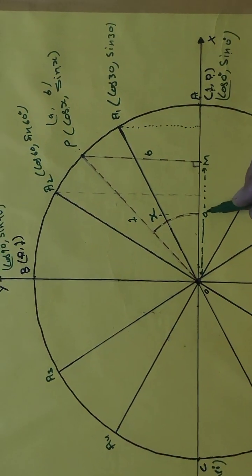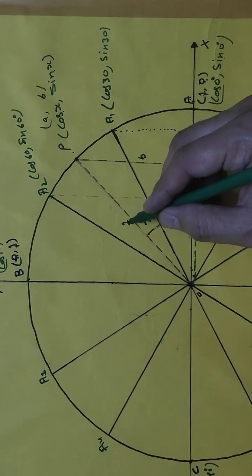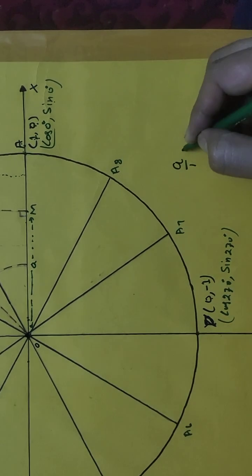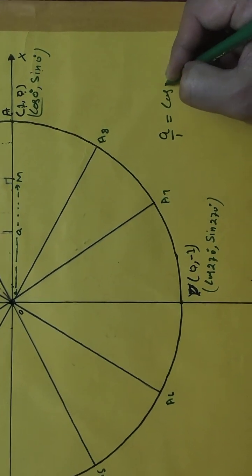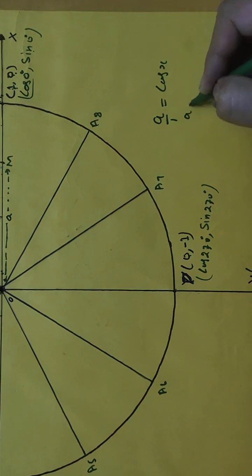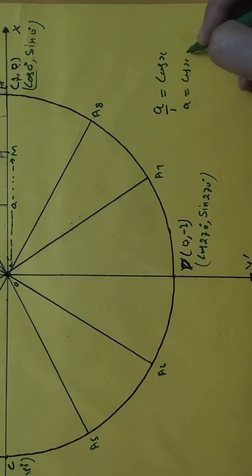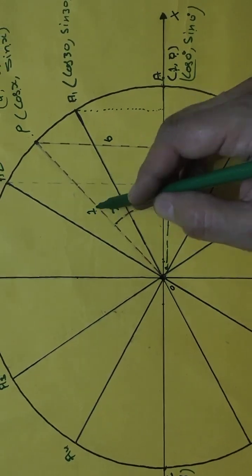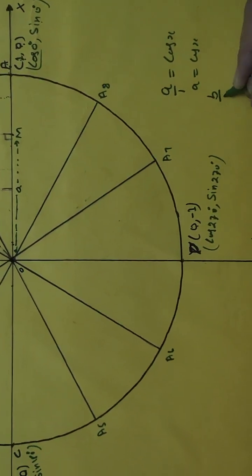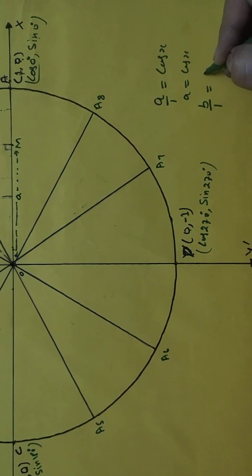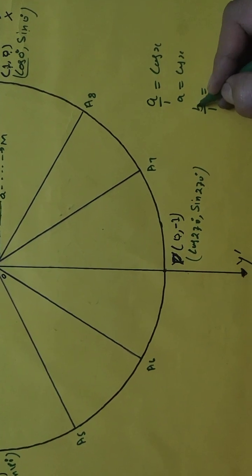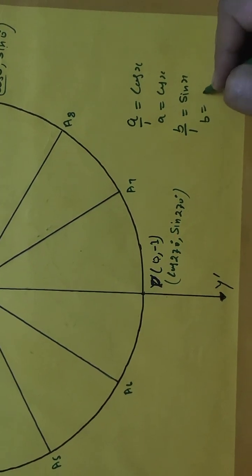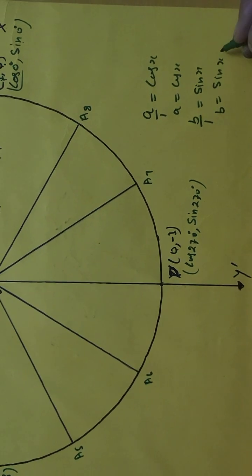So students, you know base upon hypotenuse, that is A upon 1, equals cos x, meaning A equals cos x. And in the same way, B upon 1, what is B upon 1? It means perpendicular upon hypotenuse, sine x. So B equals sine x.